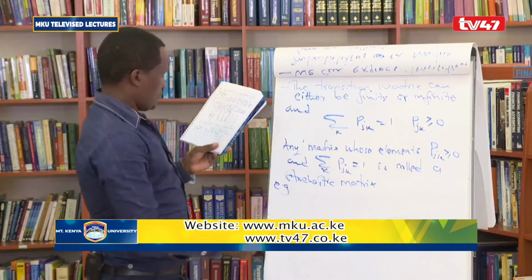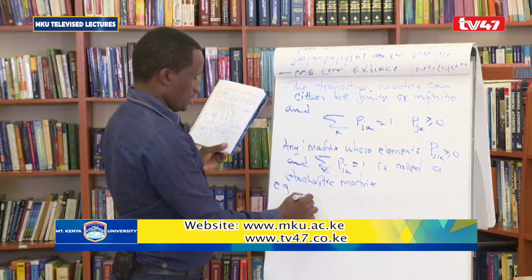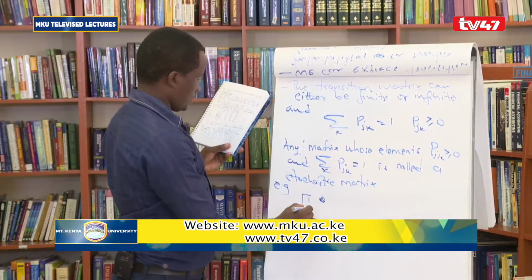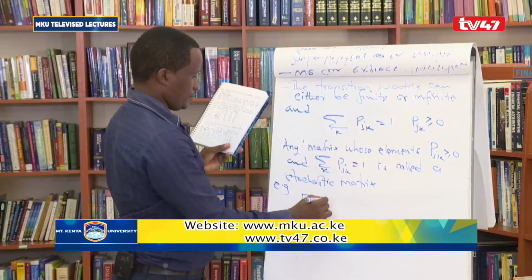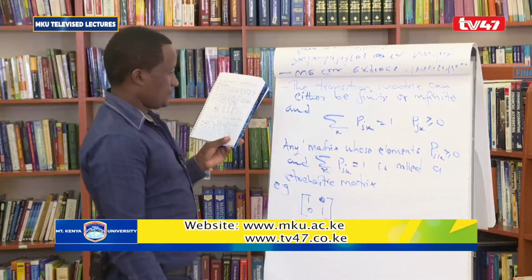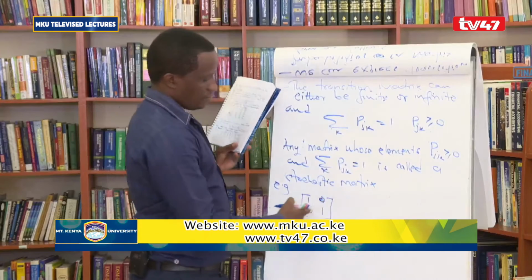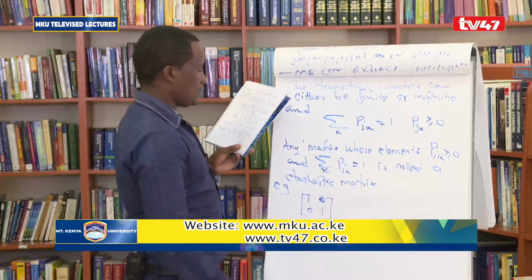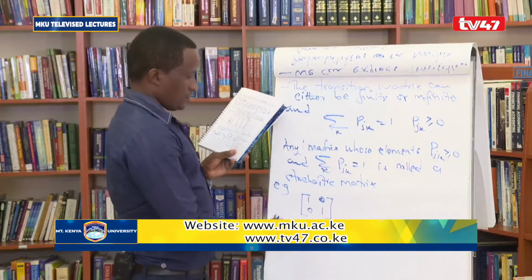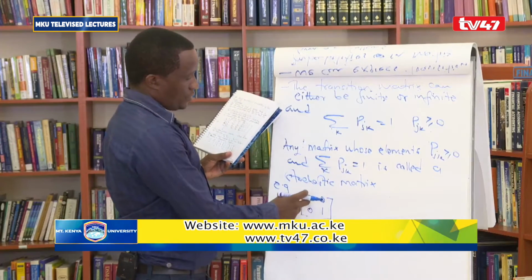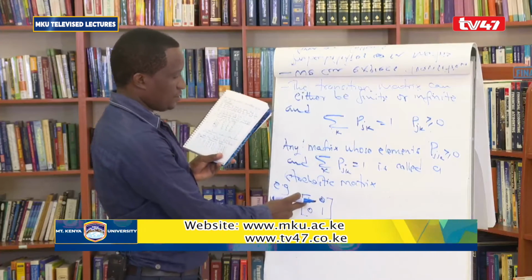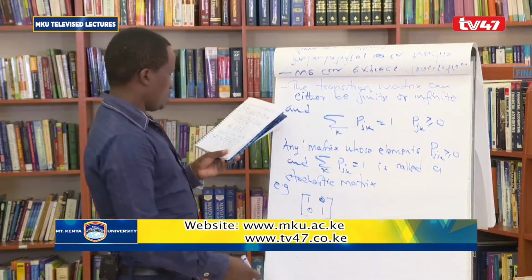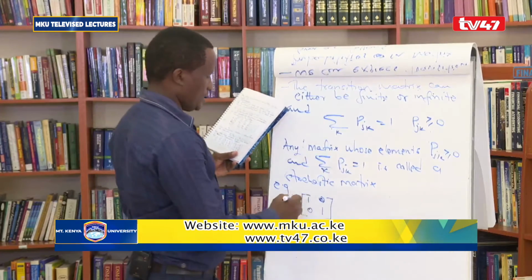Examples: this is a stochastic matrix, because if you sum 0 plus 1 plus 0 is 1, 0 plus 1 is 1, and this is greater than 0 and this is equal to 0, so it qualifies.